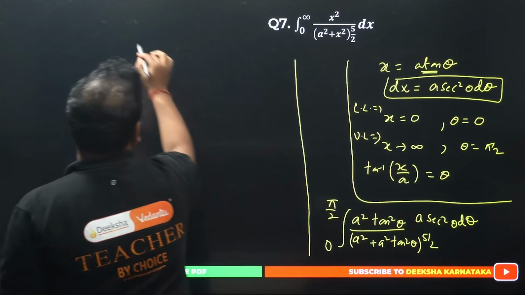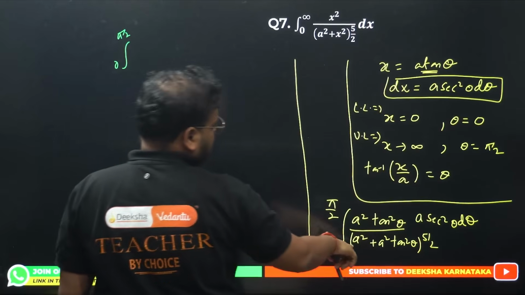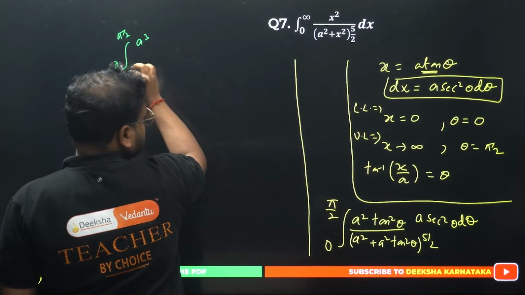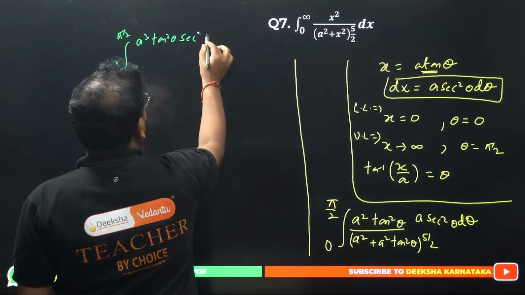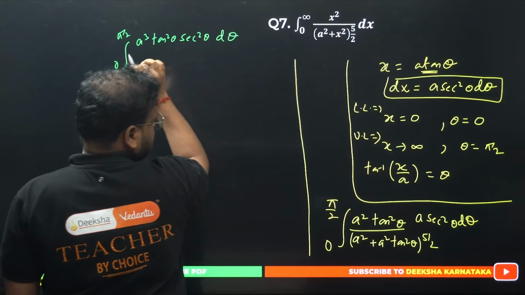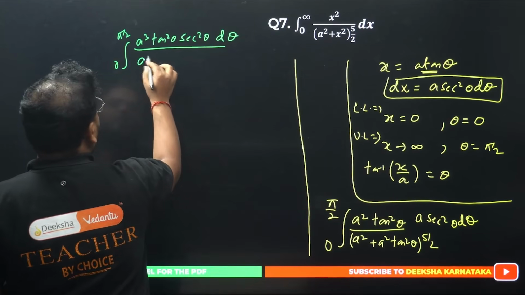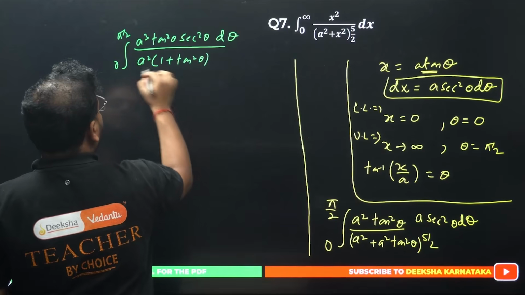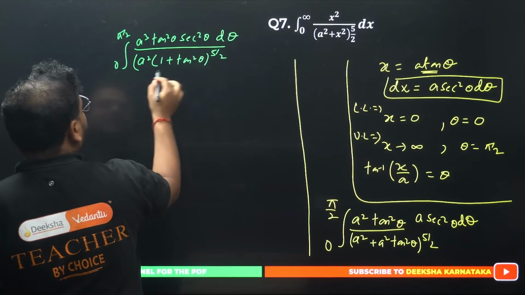Let's carry on. So continue from here, 0 to pi by 2. Now check this out. I can take something common here. First of all, a cube is there. We have tan square theta sec square theta d theta divided by, check this out, I can take a square common. It will become 1 plus tan square theta, and this whole thing is under 5 by 2 power. If I do that, I'll get this as sec square theta.